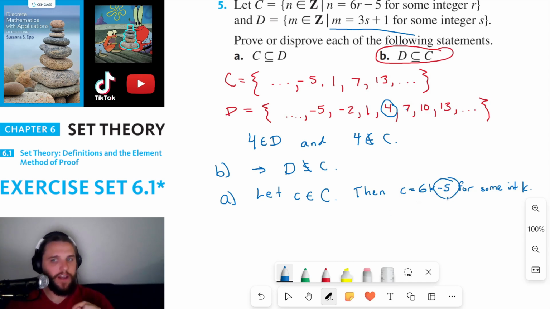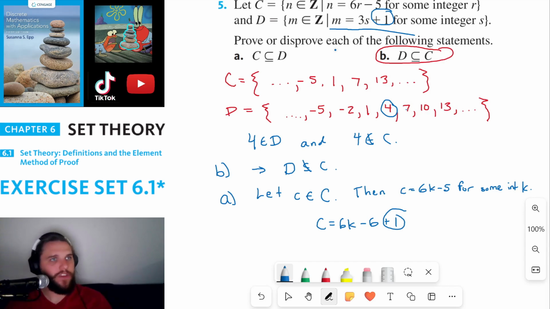The trick here is that we have a minus 5, but we want a plus 1. So I'm going to rewrite this as c equals 6k minus 6 plus 1. By rewriting the minus 5 as a minus 6 plus 1, now we have this plus 1, which is a necessary part to show that this element is in D.